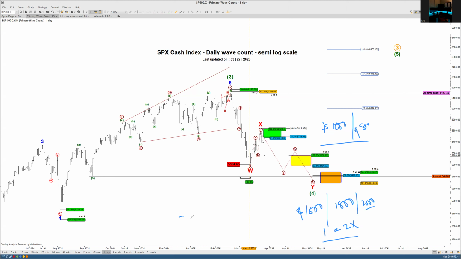Or you can structure a trade to risk 1000 to make 1000. That's a 50-50. You risk one to make one, or you risk one to make two.